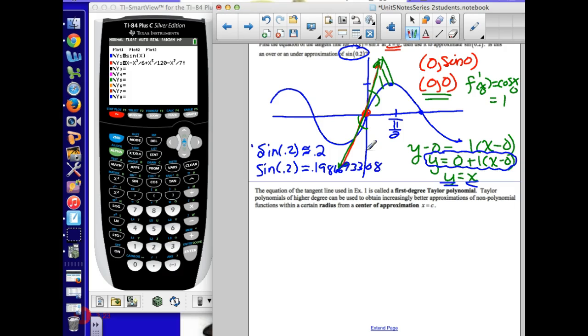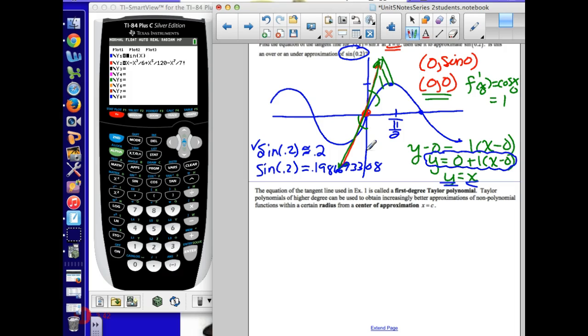And my approximation is pretty darn close. Keep in mind, it's only close because I stayed close to the point of tangency. Also, it's a little bit of an overestimate because my tangent line lives above the curve, also known as the curve is concave down over there.